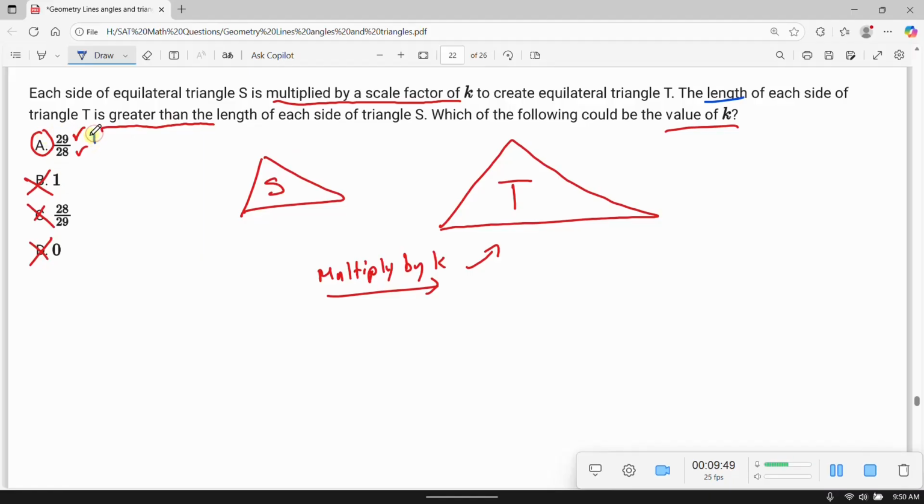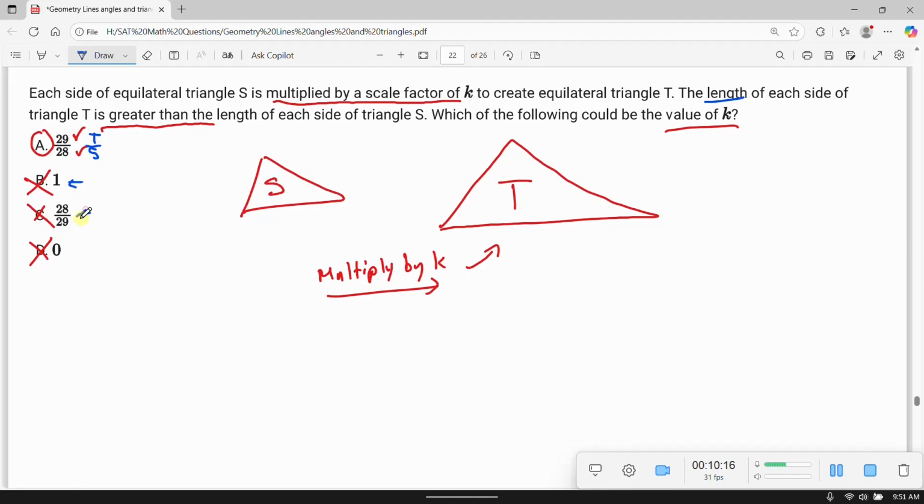So this on top represents the length of triangle T, and on the bottom represents the length of triangle S. That makes sense to me because the side length of triangle T is longer than the side of triangle S. No, if the scale factor is 1, this is going to be congruent.